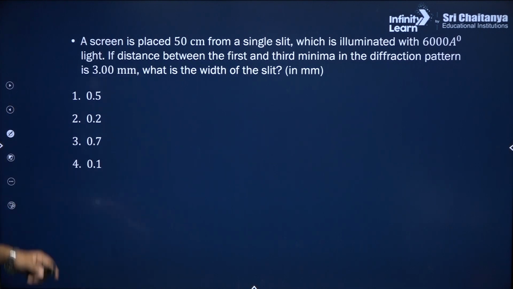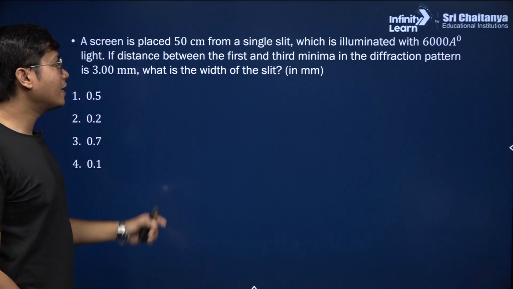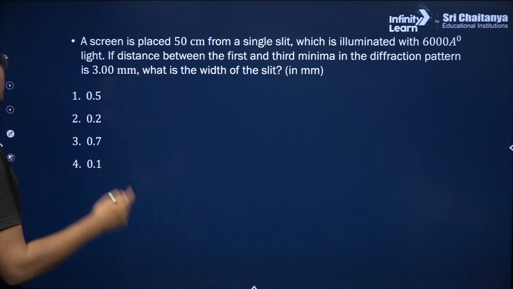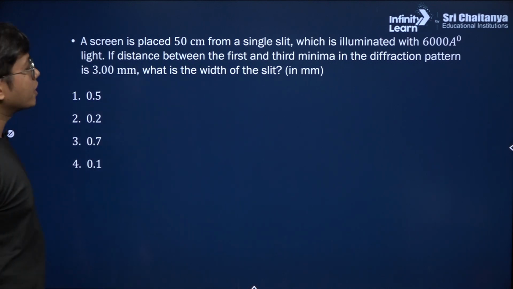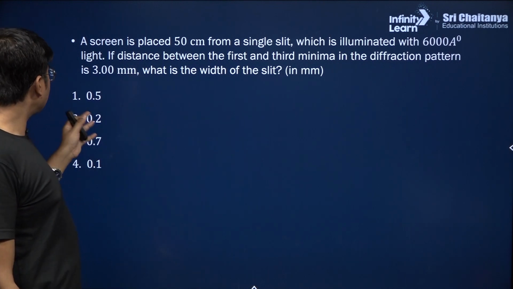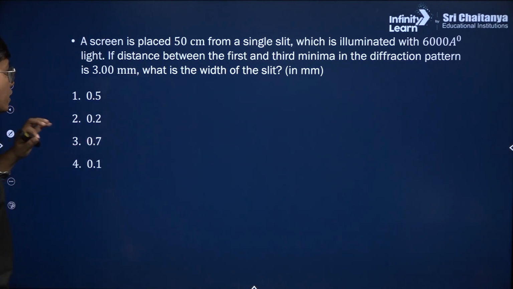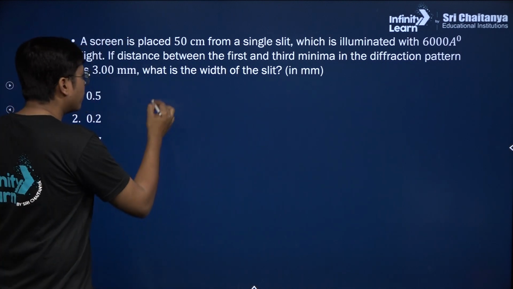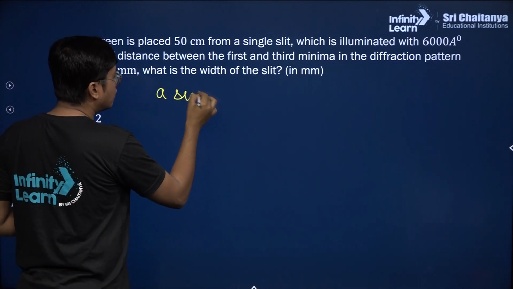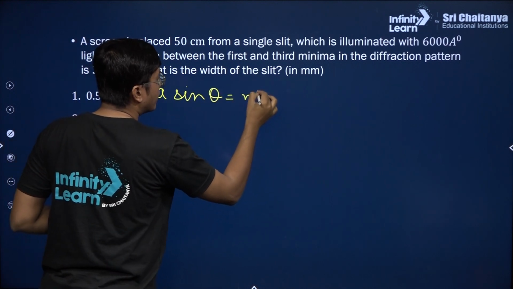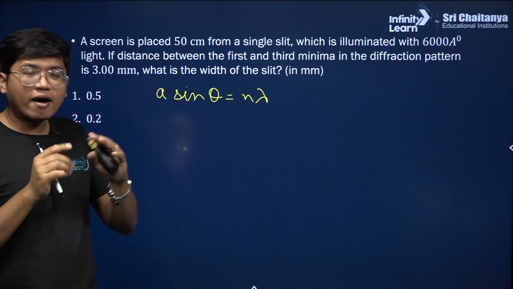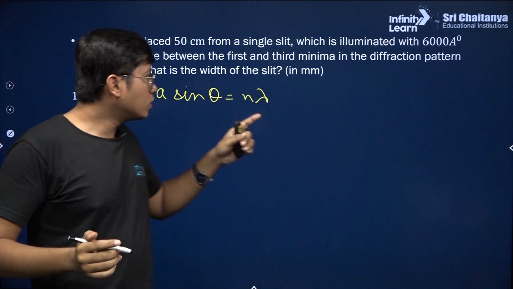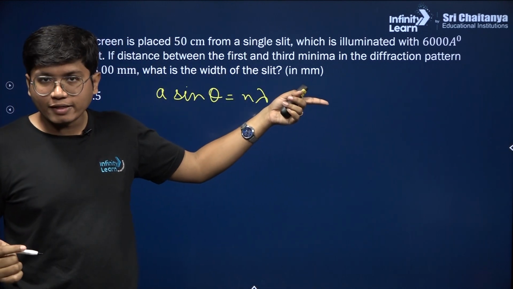Next, a screen is placed 50 centimeter from a single slit illuminated by 6000 Armstrong light. If distance between first and third minima in the diffraction pattern is 3 millimeter, what is the width of the slit? We know what the relation for the minima in diffraction is. It is given by a sin theta is equal to n lambda. Now if you have a small angle, then we know that sin theta can be approximated to be tan theta.